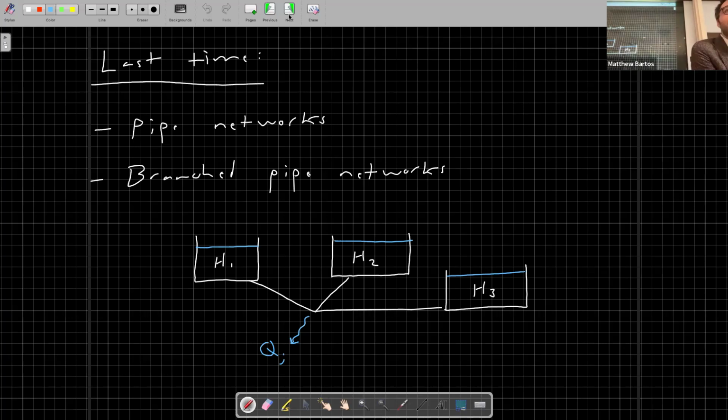And we showed how we could solve this pipe network problem in Excel. So we showed how we could model this system from first principles and actually solve for all of the internal flows and pressures within the system, just using the conservation of mass and conservation of energy.